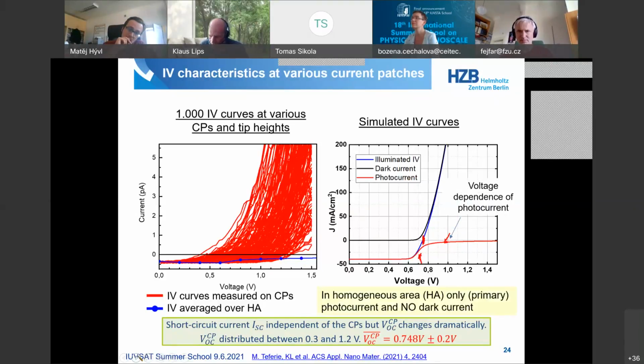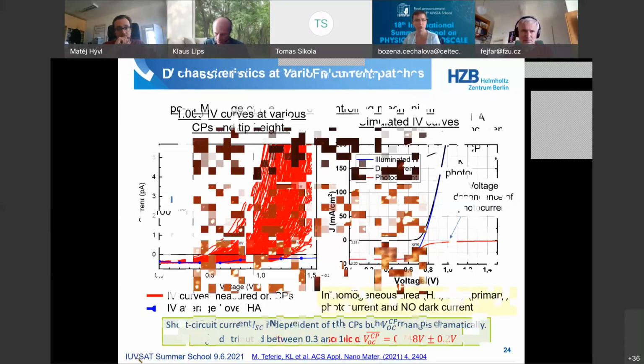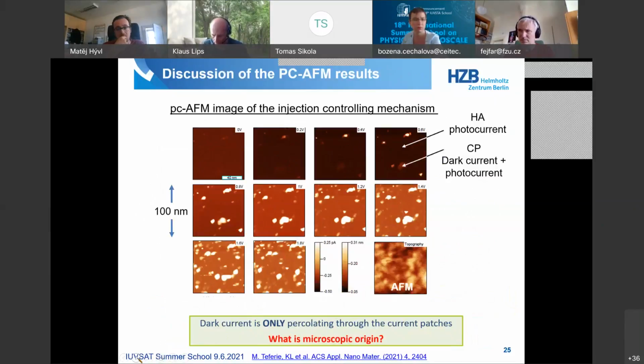Okay, so the bottom line is the homogeneous area is only photocurrent. We call that the primary current, and the hotspots, the current patches, that is the dark current. And we want to know what produces that leakage current in the solar cell. So what is the microscopic origin?